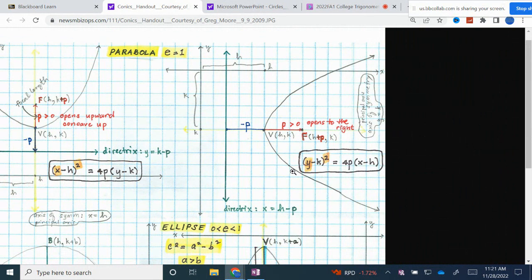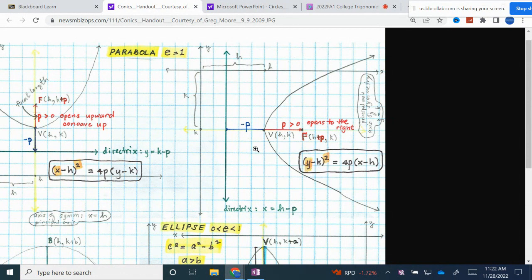And then we have the second formula, which is for a horizontal axis, and we have y minus k quantity squared is equal to 4p times x minus h. So notice that if this were centered at the origin, we would simply have y squared is equal to 4px. But since our vertex is not at the origin, we must account for our vertex. So notice that h must always follow x, and k must always follow y.